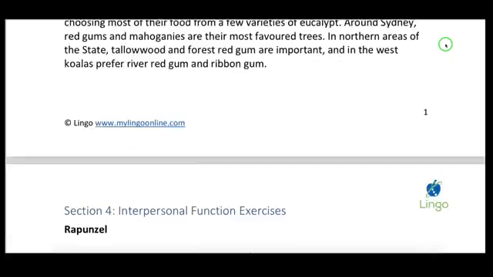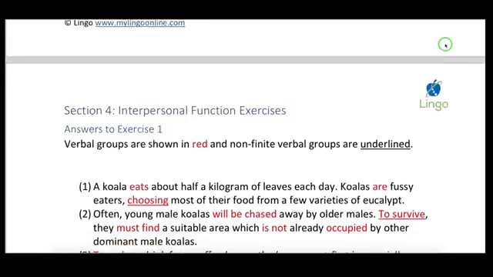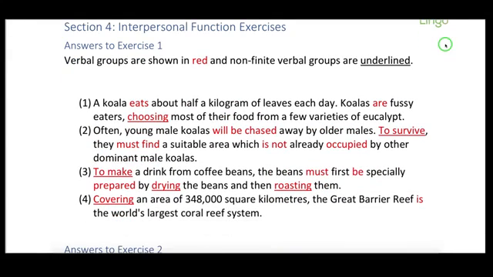I'm just scrolling down to get the answer. Okay, here it is. In this first sentence, a koala eats about half a kilogram of leaves each day. There's only one verbal group, it's eats. Now, as you remember, a group can be one word, and in this case, it is one word.